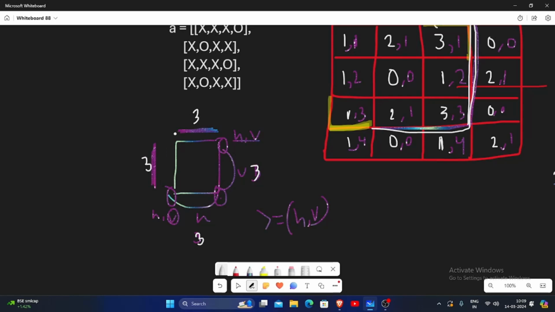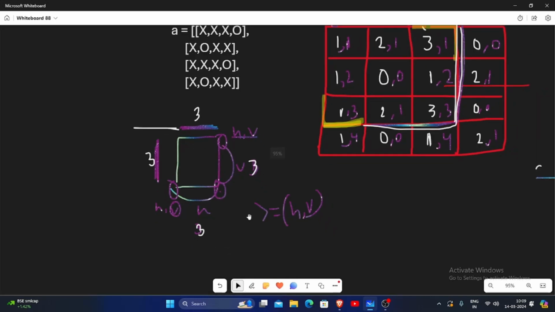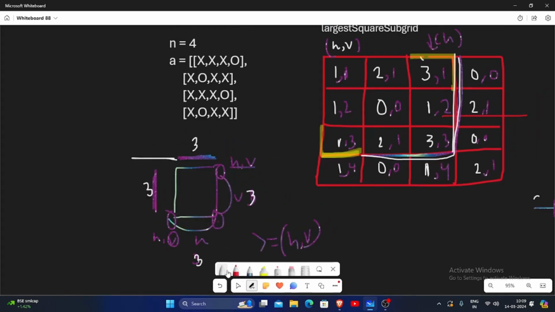It can be greater than, because let's say it is the entire subgrid. So if I am looking at this point, and let's say we are at x here, so this complete x till now has to be greater than or equal to 3.